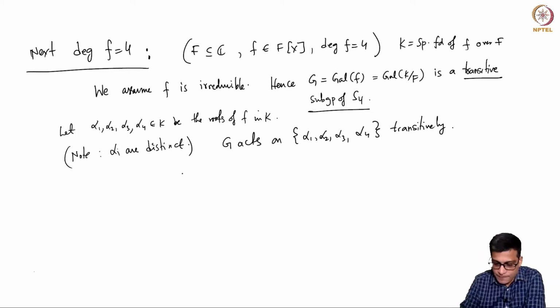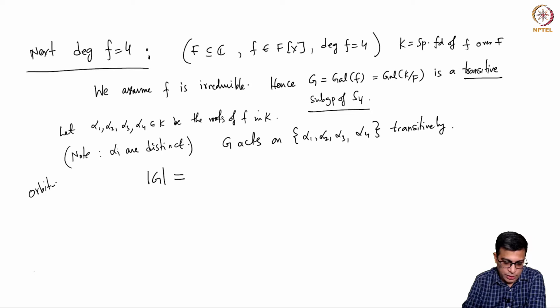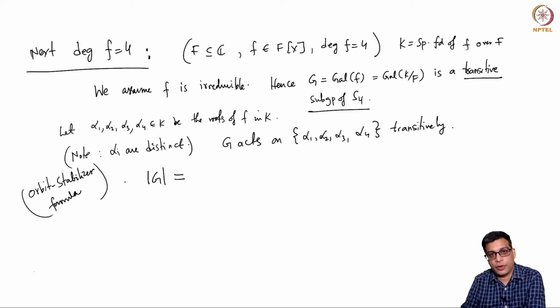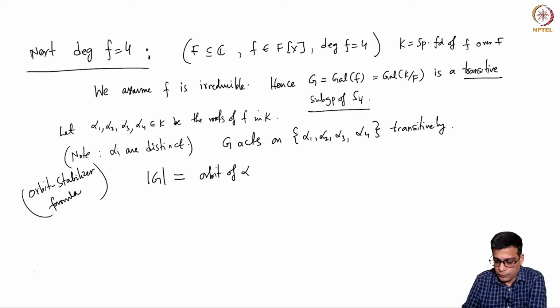We know by the orbit-stabilizer formula, or counting formula from group theory, that the order of G is the cardinality of the orbit of alpha 1 times the order of the stabilizer of alpha 1.